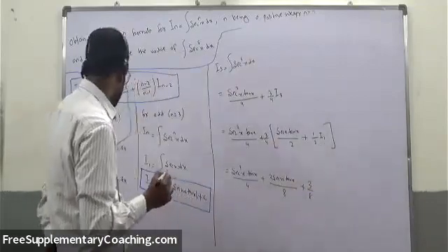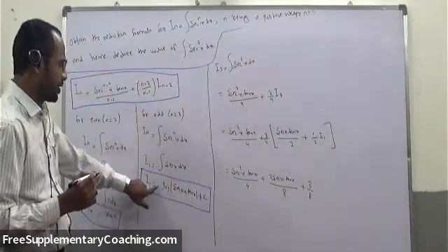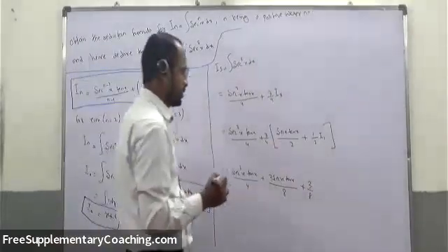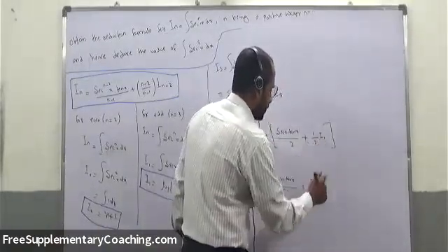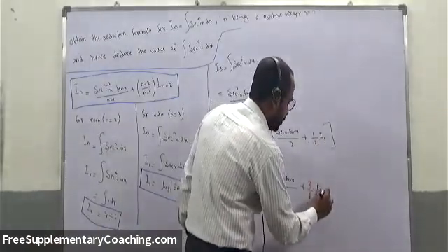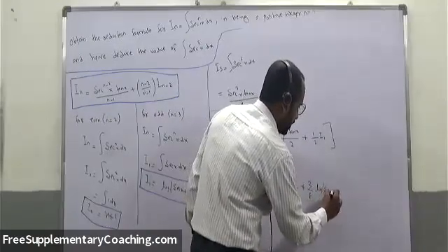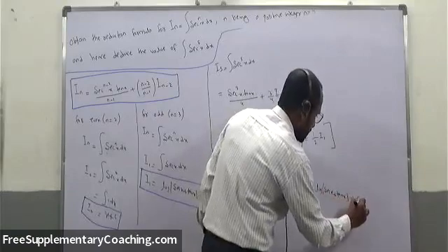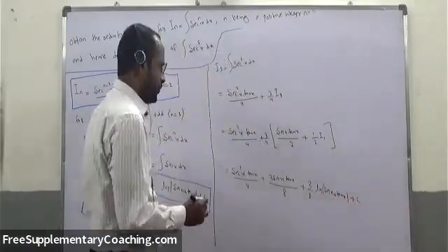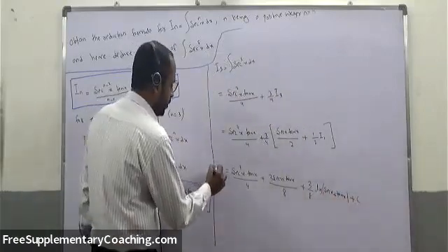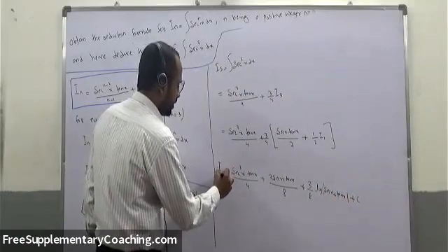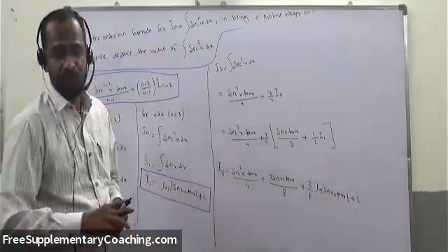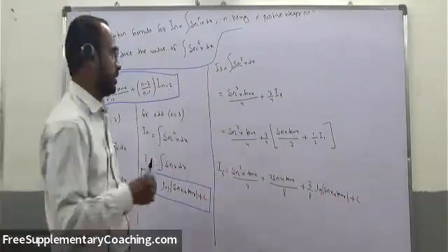What is I1? Directly we have, that is log mod secant x plus 10x plus c. So in the place of I1 I can write log mod of secant x plus 10x plus c. Therefore, this is the value of I5, that is integration of secant power 5x into dx.